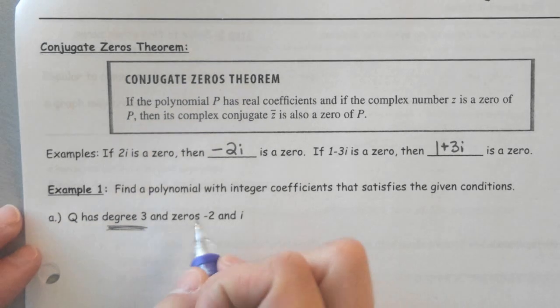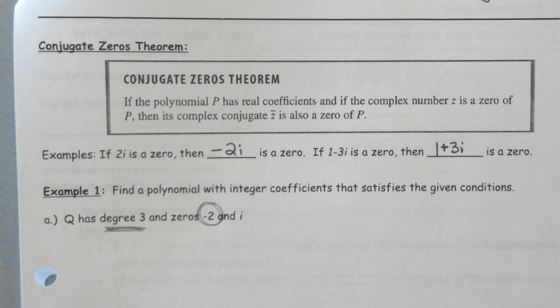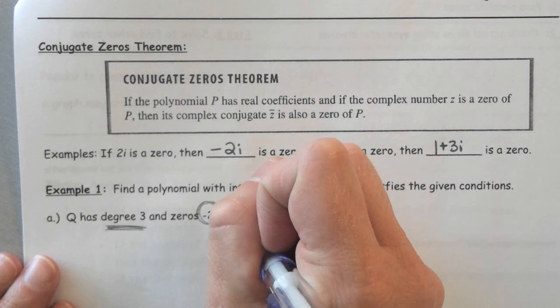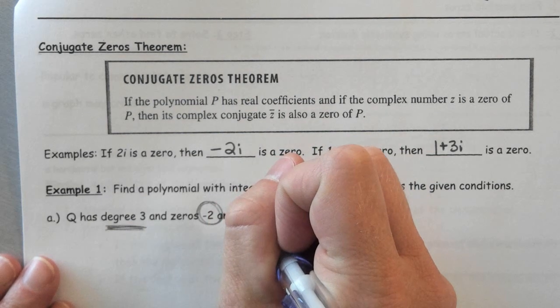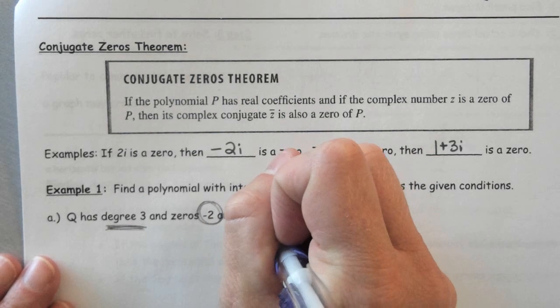All right, so negative 2 can travel by itself. So again, rational solutions can travel alone. They don't need a buddy. They are self-assured. They can go by themselves out into the great world. i can't travel by itself, right? Who does it travel with? It needs a buddy. It's nervous. Negative i.